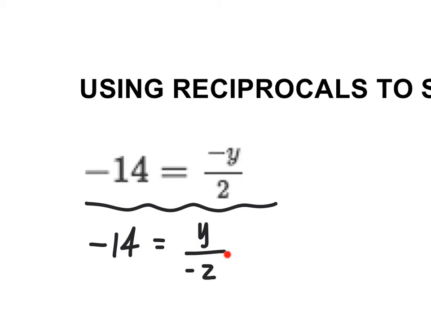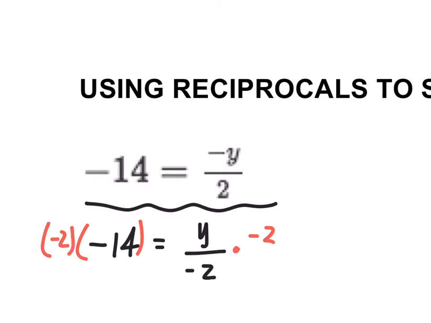So if I'm dividing by negative 2, what's the opposite of dividing by negative 2? That would be multiplying by negative 2. And I'm going to do the same thing over here. I'm going to multiply this by negative 2.